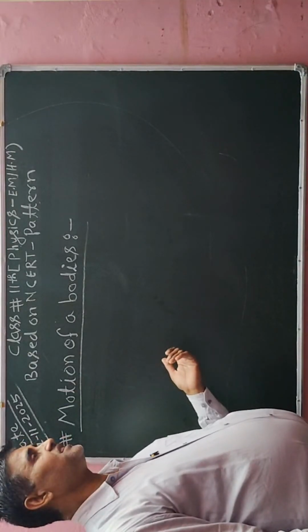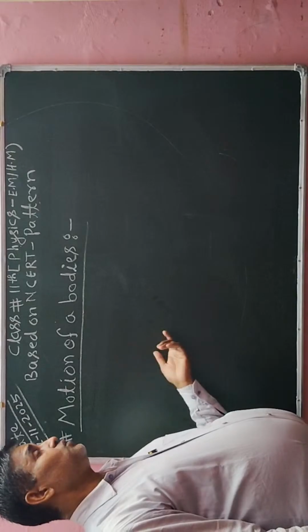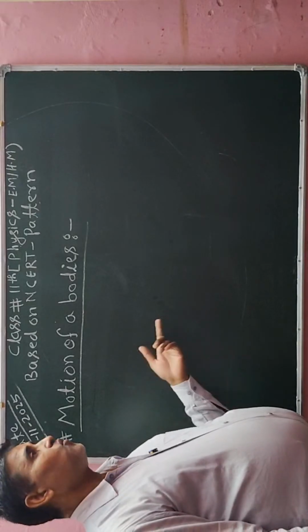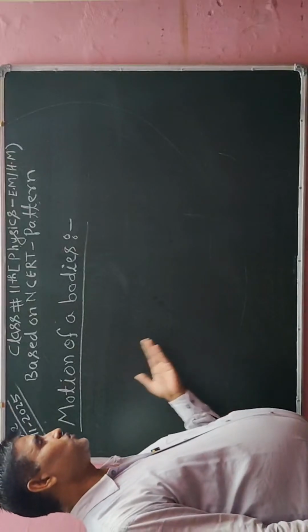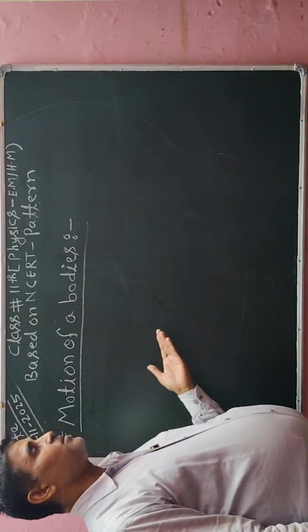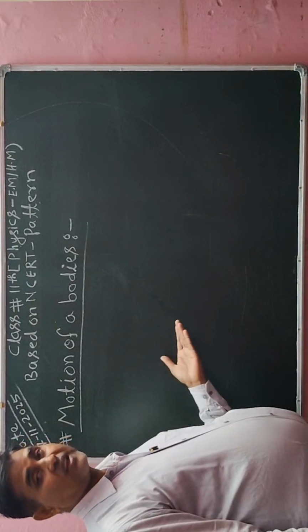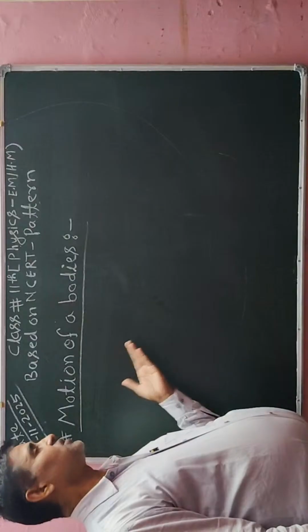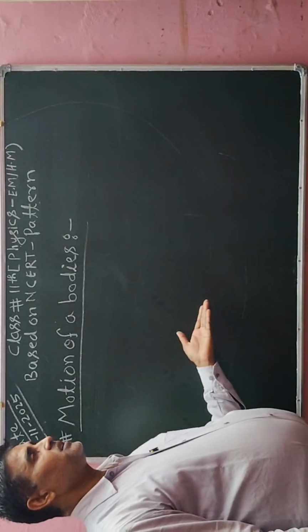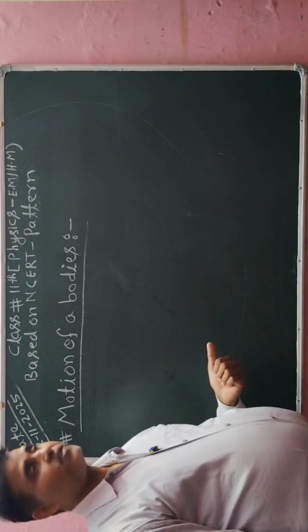Each condition I will use in the numerical to get the requirement of the question. Okay students, you concentrate here. First of all I am going to write its diagram and its numerical, and then I will use the concept of motion of bodies in the numerical to get the requirement of the question.